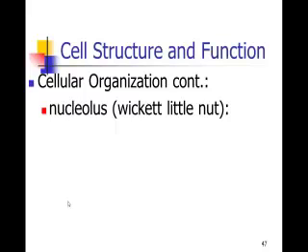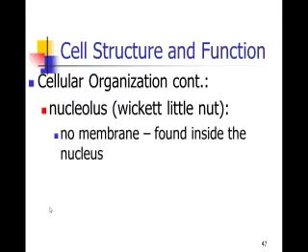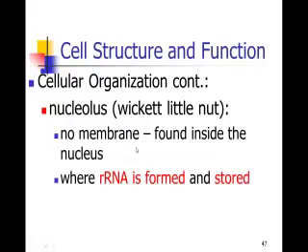Next, we have a nucleolus. Nucleolus is one of the non-membranous organelles. It's an area associated with the nucleus. It's inside the nucleus. And we already know that nucleus means little nut. Nucleolus means a wicked little nut.